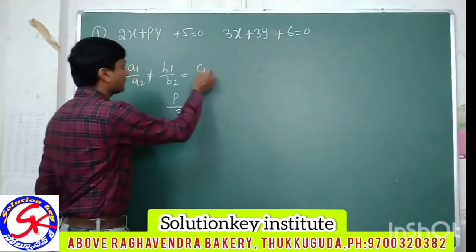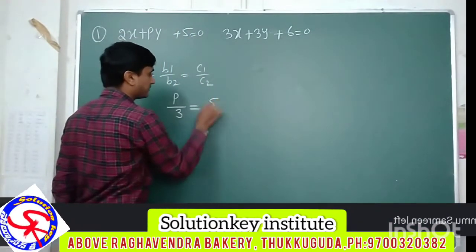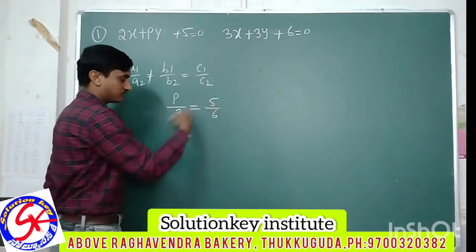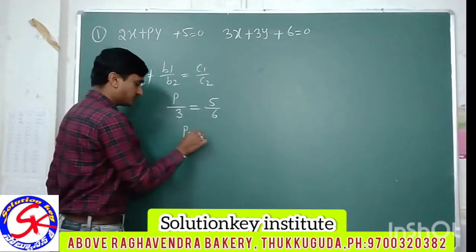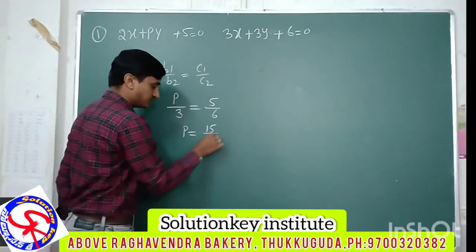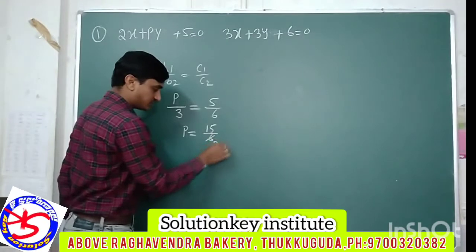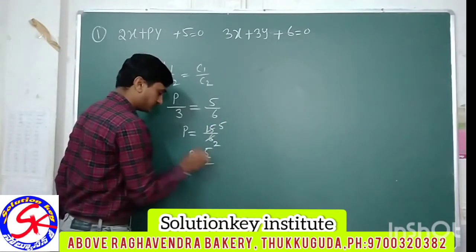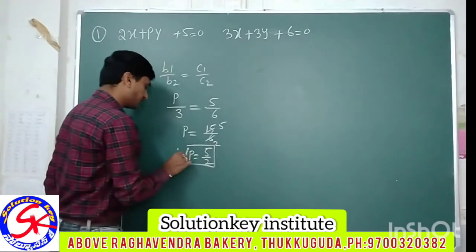Then my C1 is 5 by C2 is 6. Then do cross multiplication. p is equal to 3 times 5, 15 by 6. 3 times 2 is 6, 3 times 5 is 15. Then p is equal to 5 by 3. This is the solution for that.